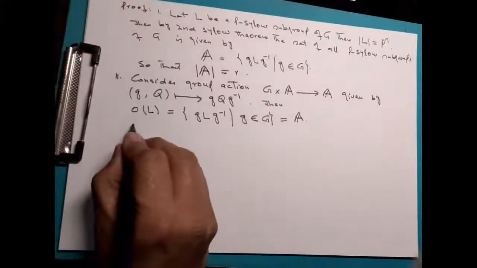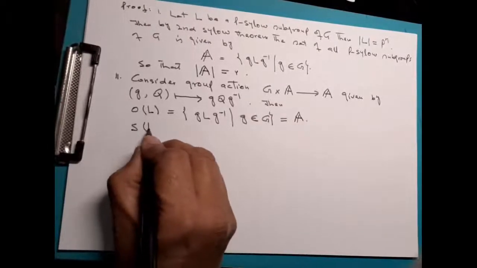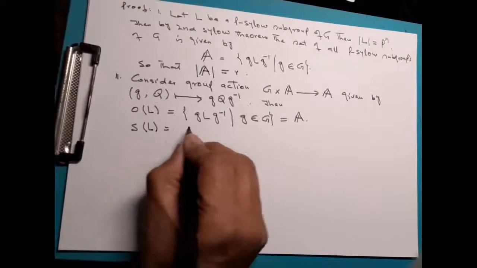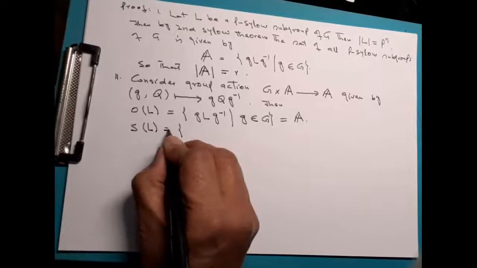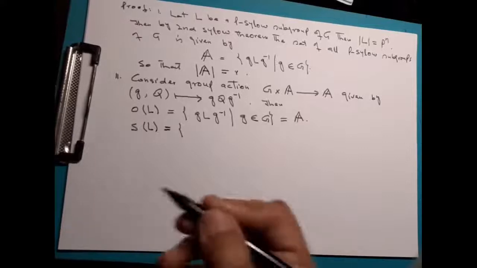And the stabilizer of L, you know what a stabilizer is? The stabilizer is in fact those elements of the group which do not make any change on the element on which they act.